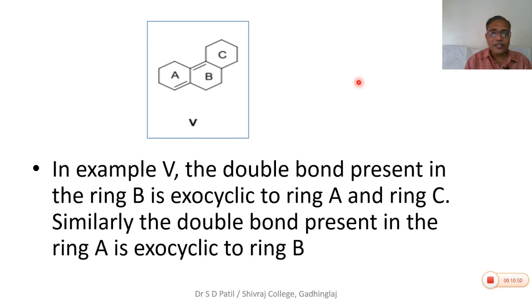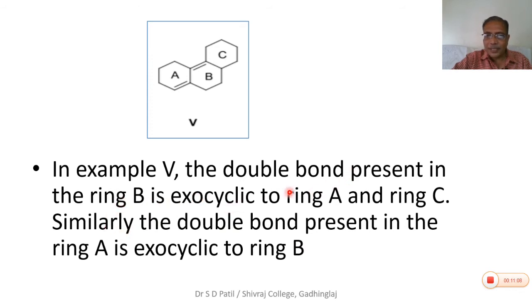In this structure number 5, the double bond present in ring B is exocyclic to ring A and ring C. Similarly, the double bond present in ring A is exocyclic to ring B. Let us repeat once again.